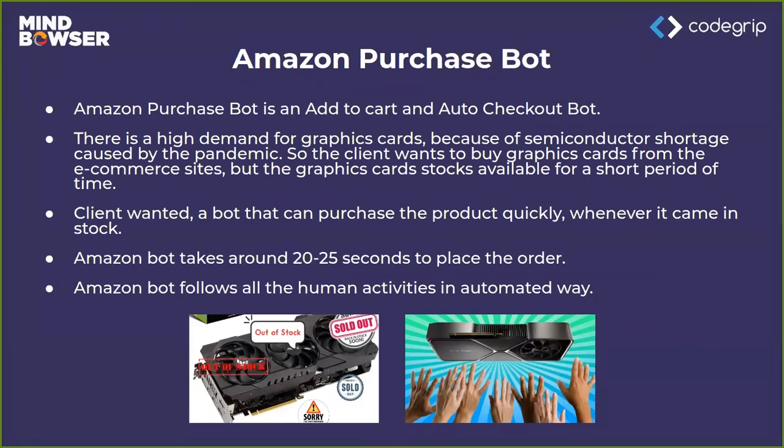We first planned to go with the Amazon site, then the other sites are target.com and bestbuy.com. We chose Amazon.com first, and we successfully created the Amazon bot, and our bot takes only 20 to 25 seconds to place an order.